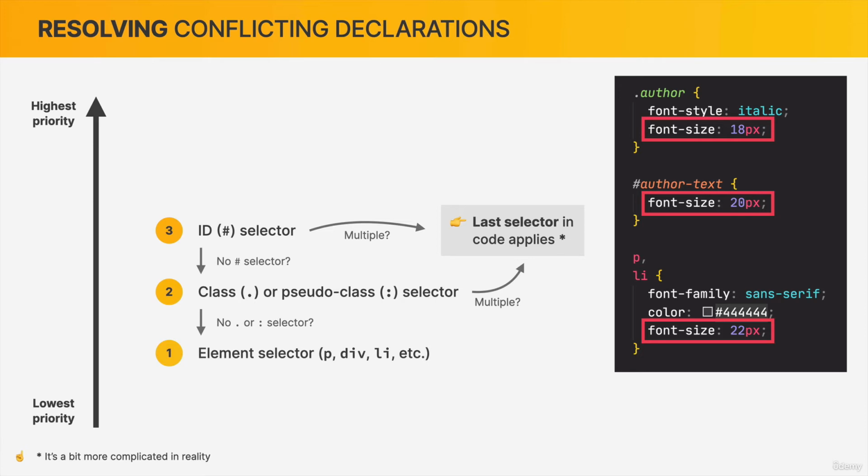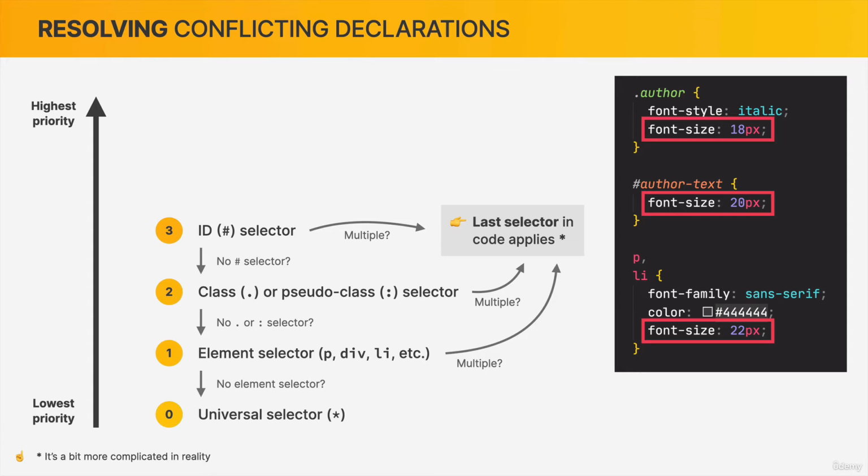So in case there is no ID selector or no class selector, then it is the element selector that gets applied. And again, if there are multiple, it is the last one of those. Finally, there's also something called the universal selector, but a bit more about that in the next lecture. What matters is that the universal selector is the one with the lowest priority of all.